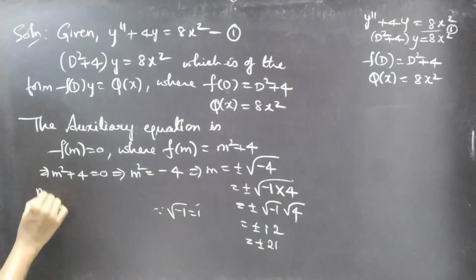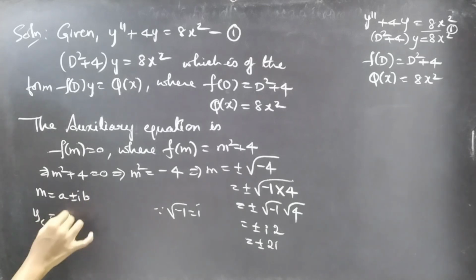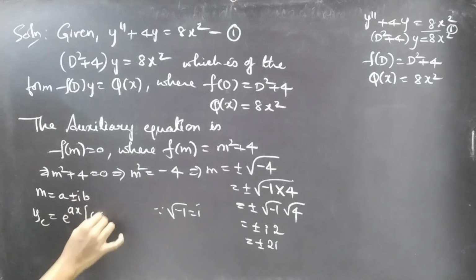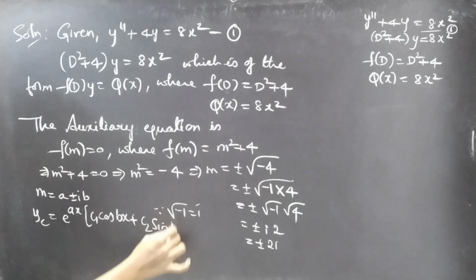We know that we got a pair of complex conjugate roots, right? We know that when m equal to a plus or minus ib, yc will be e power ax into c1 cos bx plus c2 sin bx, right?